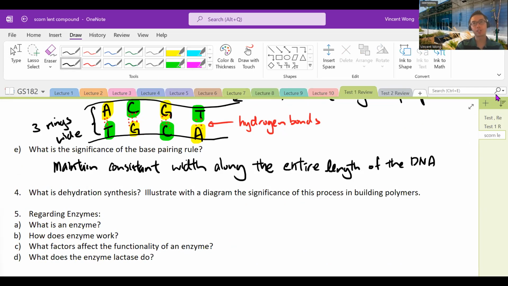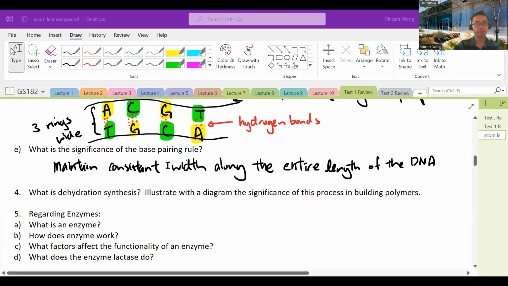You don't want some parts to be 2 rings wide and then 3 rings wide and then 4 rings wide. If you don't have a consistent width, number 1, it is difficult to package, and number 2, it might create instability in the structure. Does anybody have any questions so far? Okay, no questions. Let's move on then.